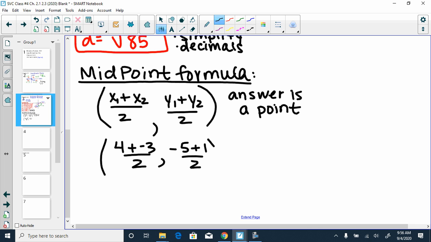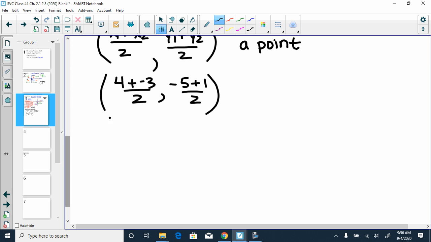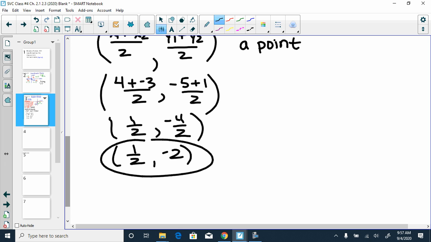Divided by 2. So if I do that math, we'll have to do the top first. So 4 plus negative 3 is 1. And negative 5 plus 1 is a negative 4 over 2, which boils down to negative 2. So your midpoint for that line segment is (1/2, -2).